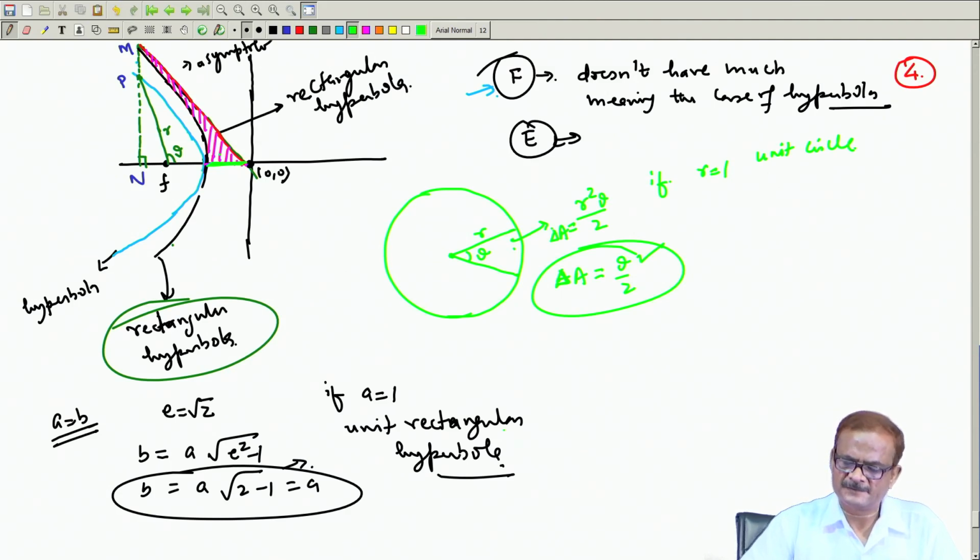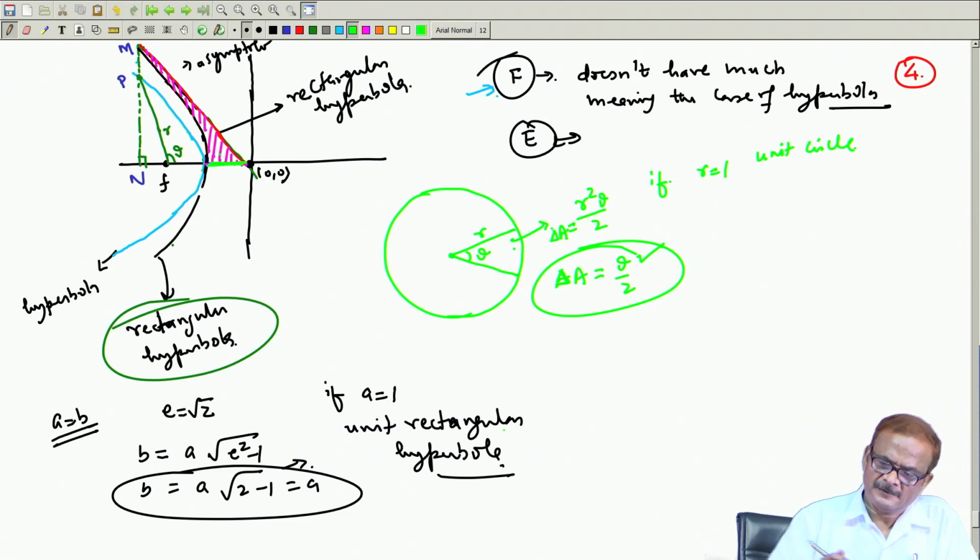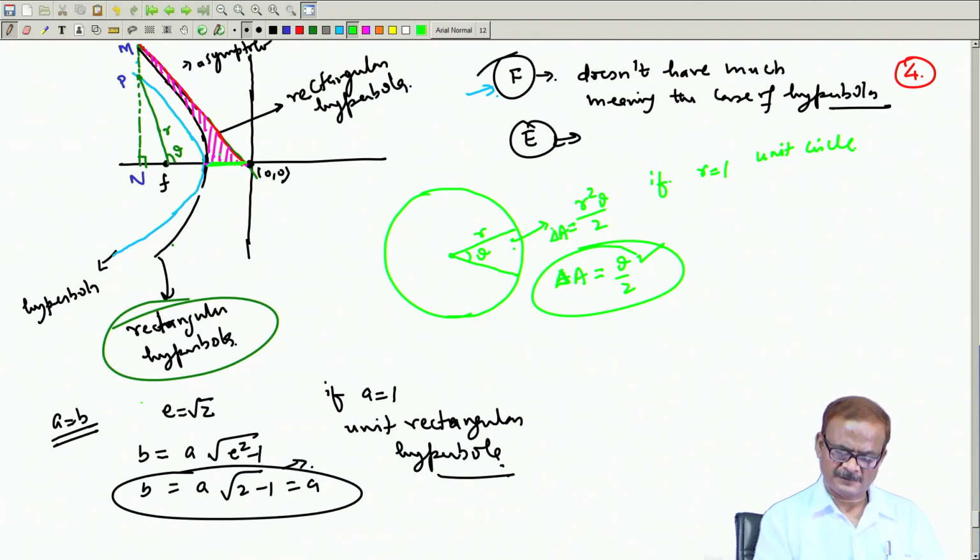Similarly, this analogy is made here, and the area I have shown by this hashed pink line is used to represent f. So, just like the eccentric anomaly, we do not have the concept of a particular angle in this case.